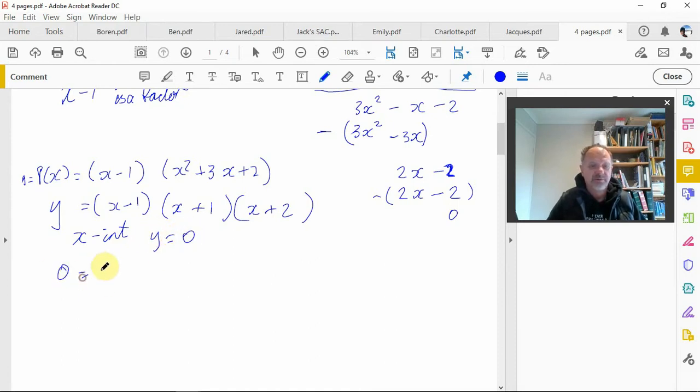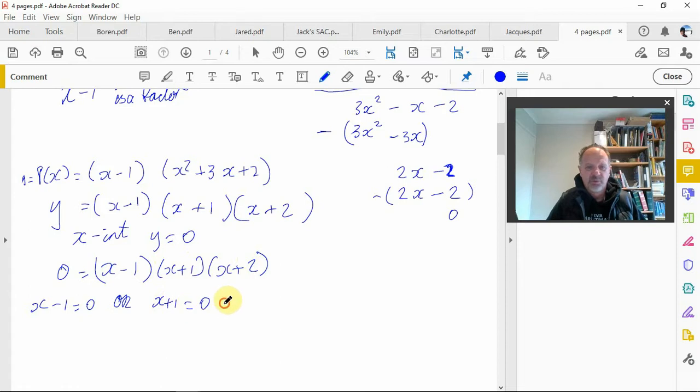So 0 equals x take 1 times x plus 1 times x plus 2. The null factor law says x minus 1 is 0, or x plus 1 is 0, or x plus 2 is 0. When we rearrange, add 1 here, you get x equals 1. Take 1 here, you get x equals minus 1. Take 2 here, you get x equals minus 2.